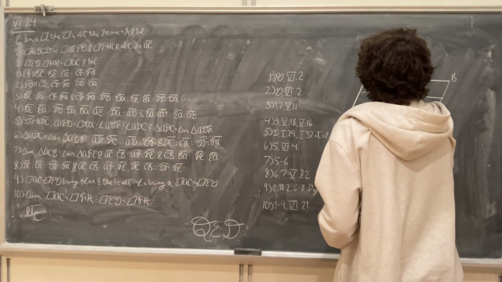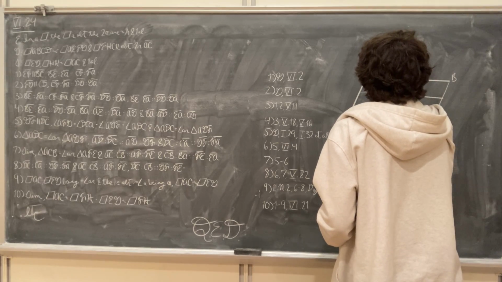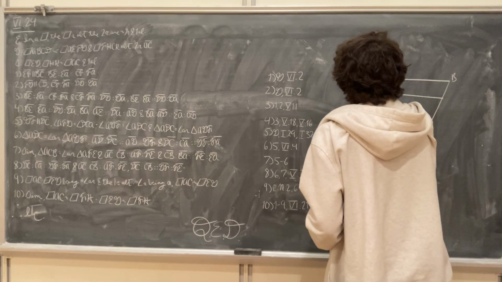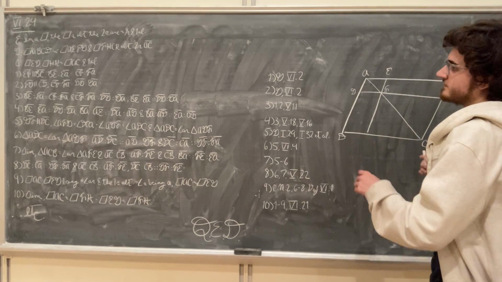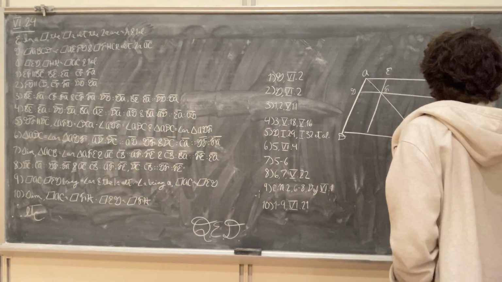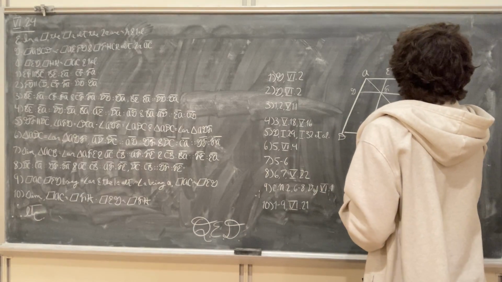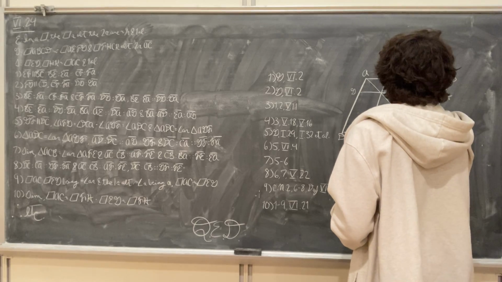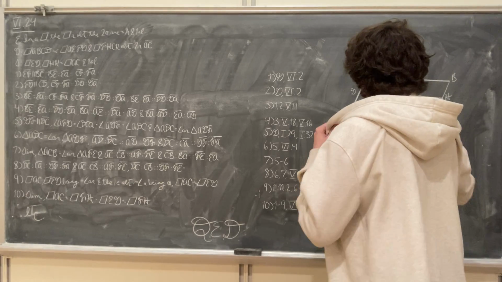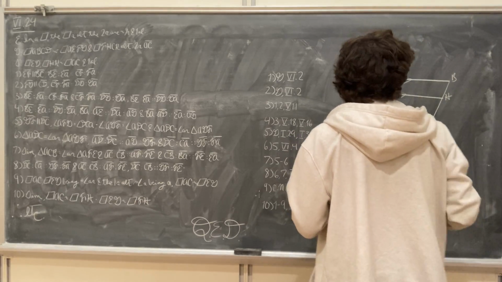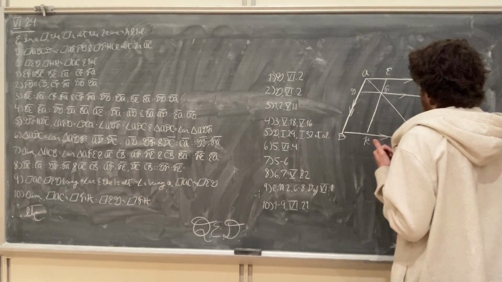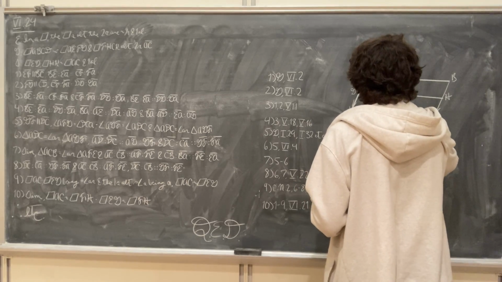This is going to be the parallelogram AEFG, and FHCK, like so. So AB is going to be parallel to DC and parallel to GH. Likewise, AD shall be parallel to BC and to EK.